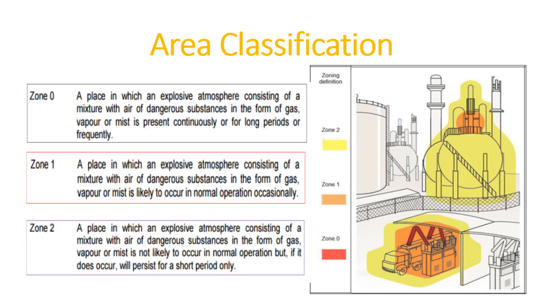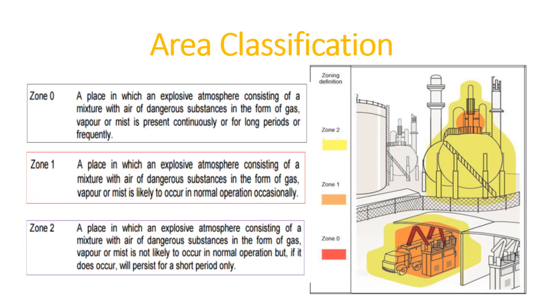There may be a slight hole or something through which the vapors always escape, and they form a presence for a long period of time or frequently. So this is zone 0, this red portion.